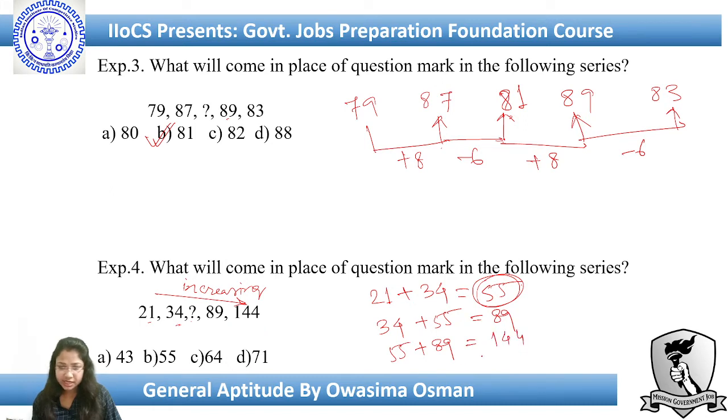So it is the correct pattern of this series. To find out the digit, we have to add the previous 2 digits. This is the rule of this series. Okay, so our answer will be 55.